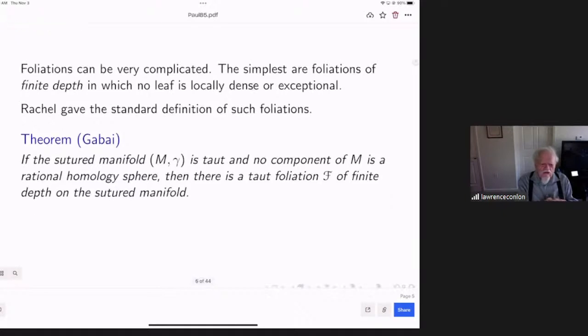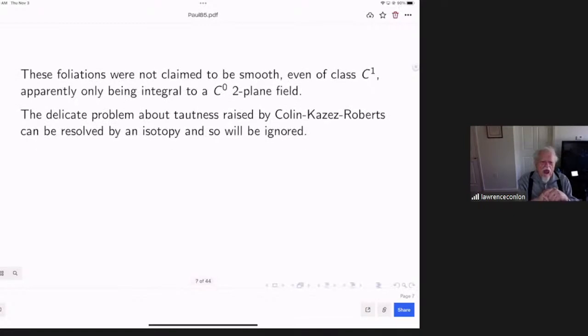Next page. Now, these foliations were not claimed to be smooth, not even class C1. Apparently, in Gabai's construction, they are only integral to a C0 two-plane field.